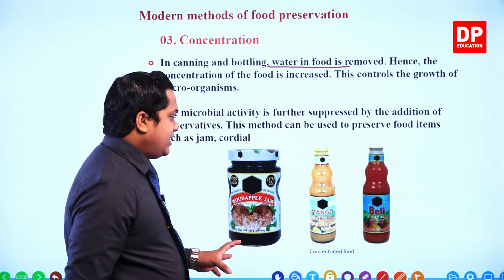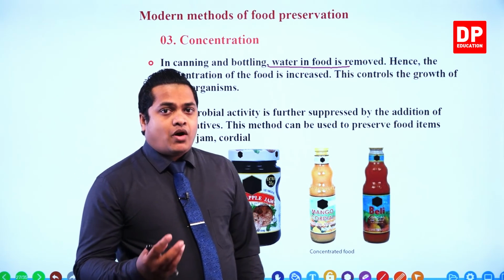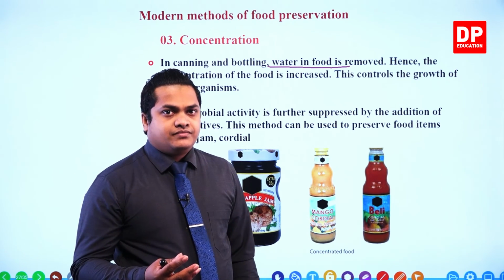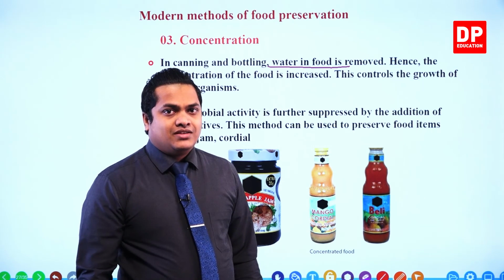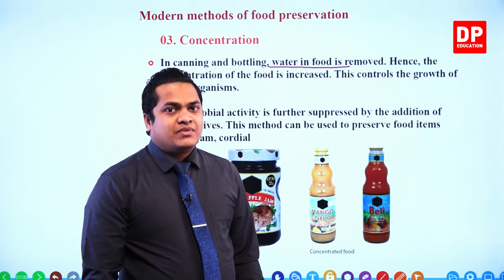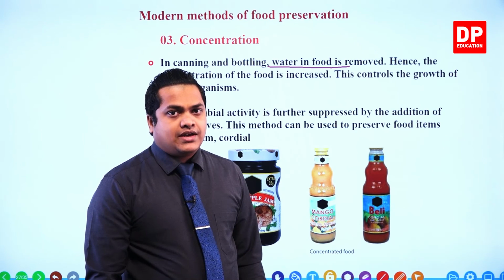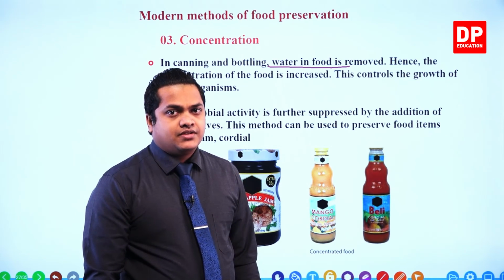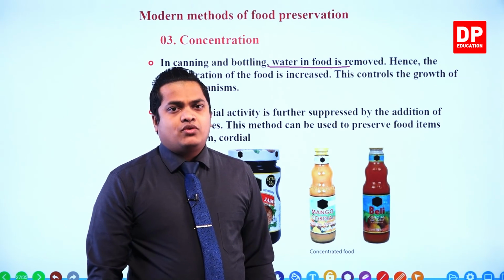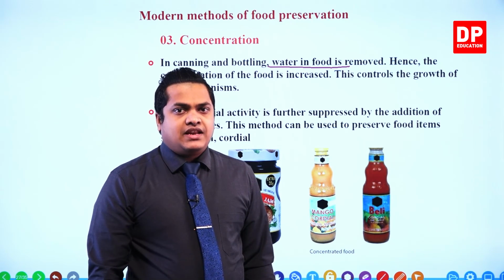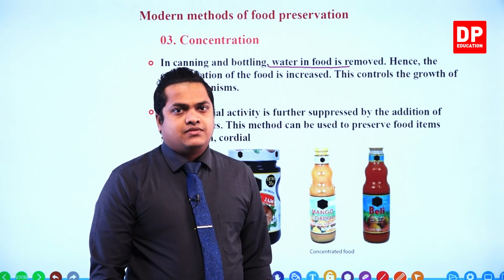When you are making jam, we boil the fruit item and we evaporate water. Then by adding sugar and other preservatives, we keep it for a longer time. Finally we bottle it. That's how we make jam. Within that, a very small amount of water can be observed.